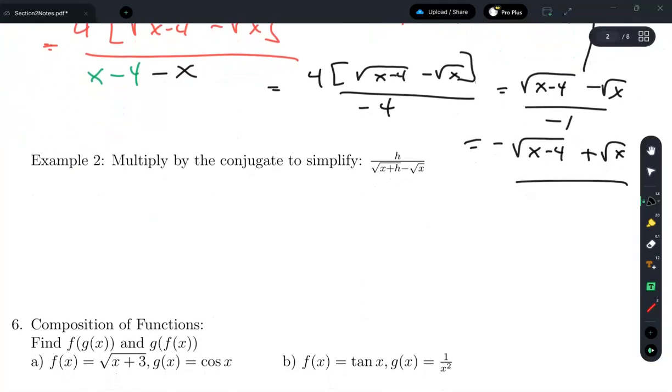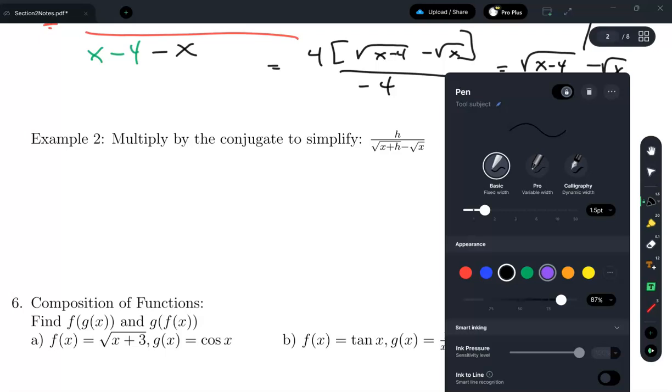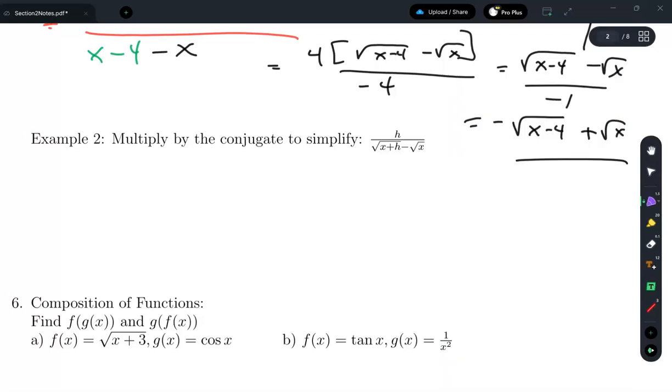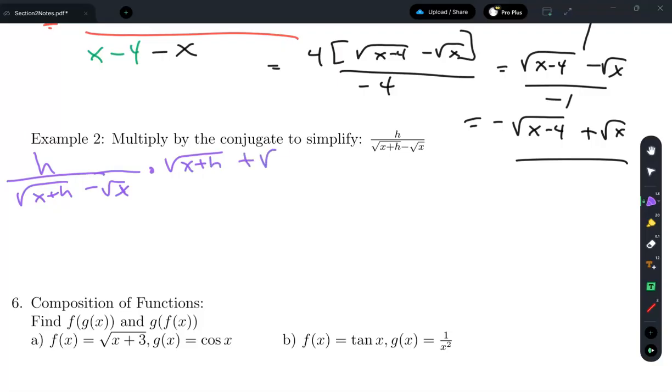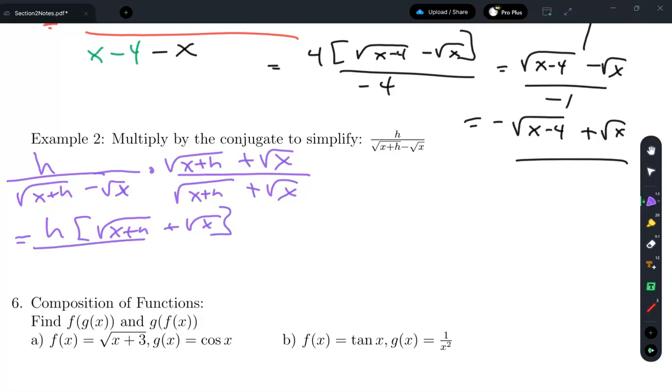Okay, let's do another one. One more conjugate fun thing. I'm just going to write this one again: root x plus h minus root x, over h. I'm going to multiply the numerator and denominator by the conjugate, which is root x plus h plus root x. In the numerator, I'm not going to distribute. I'm just going to carry it along in hopes that something will cancel.